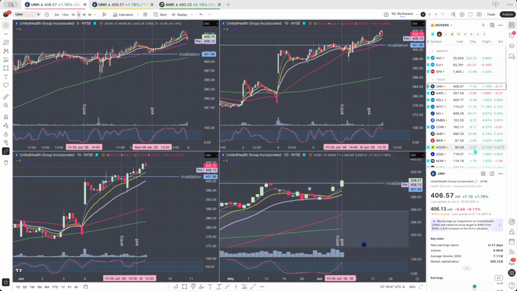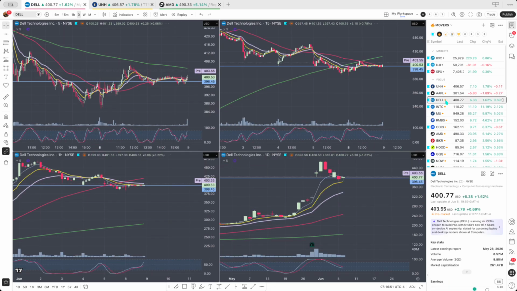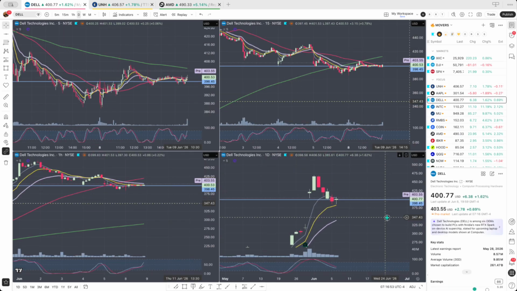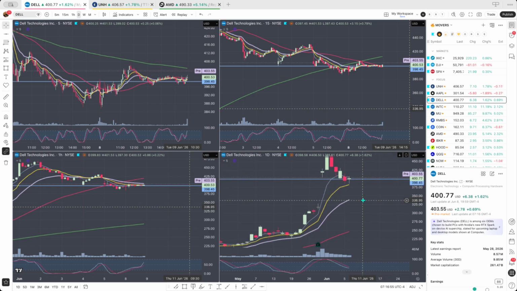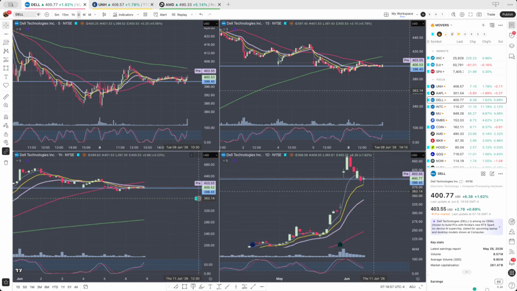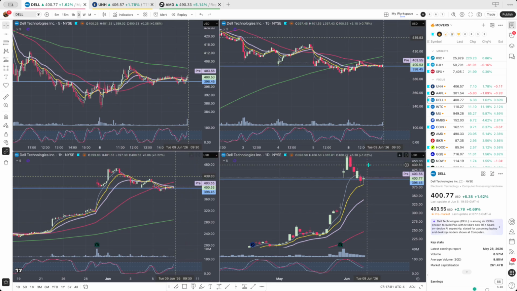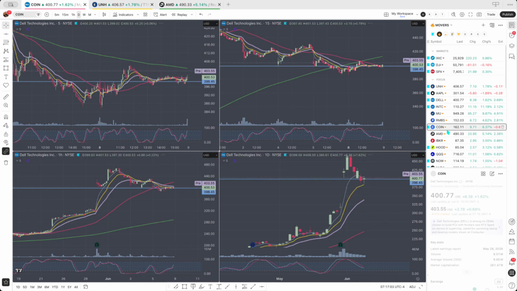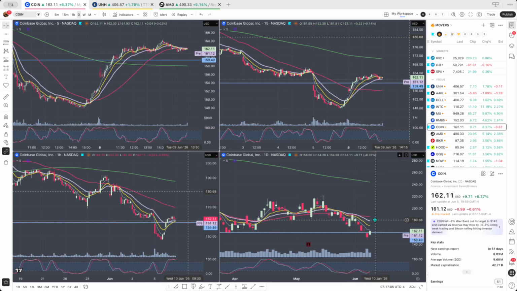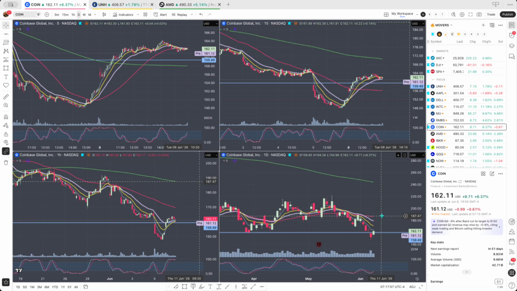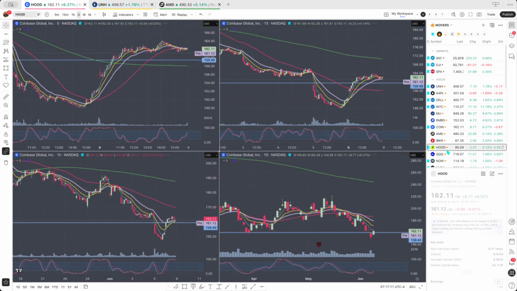But there are other things coming up. I still think Dell might give away some gains. But if not, I need to pay attention to getting in on the upside, right? So there are things that I'm looking at now, like eventually Coin will break out. So I'm looking for an upside there.